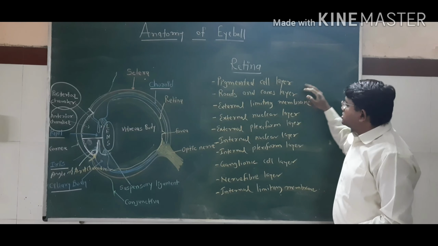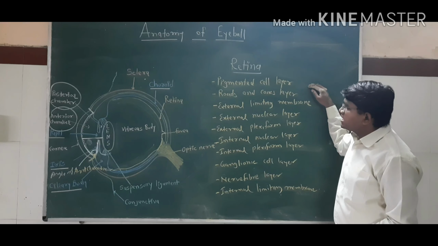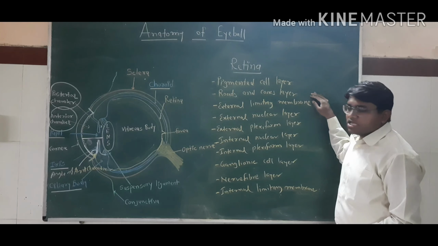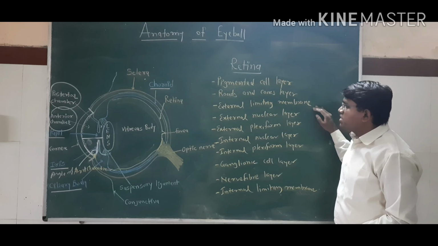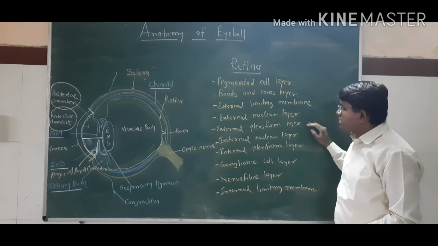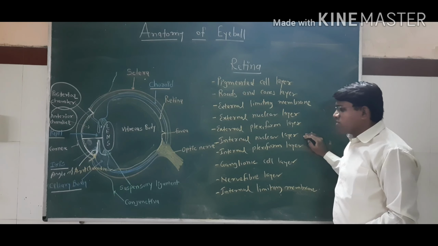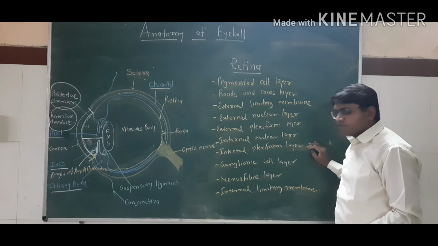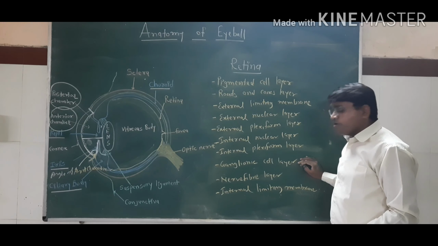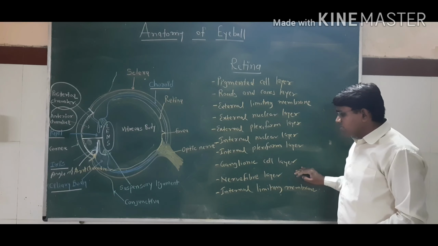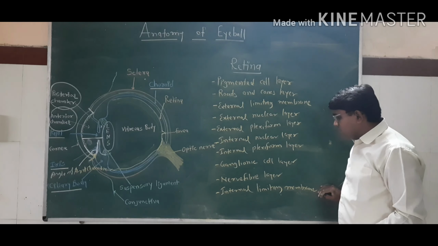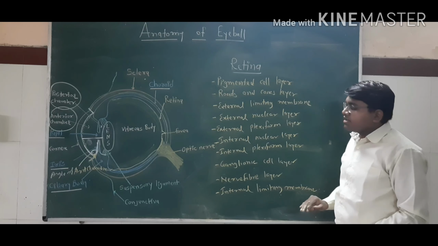Retina has these 10 layers. First is the pigmented cell layer, second is the rods and cones layer. Third is the external limiting membrane. Fourth is external nuclear layer. Fifth is external plexiform layer. Sixth is internal nuclear layer. Seventh is internal plexiform layer. Eighth is ganglionic cell layer. Ninth one is nerve fiber layer, and tenth is internal limiting membrane.